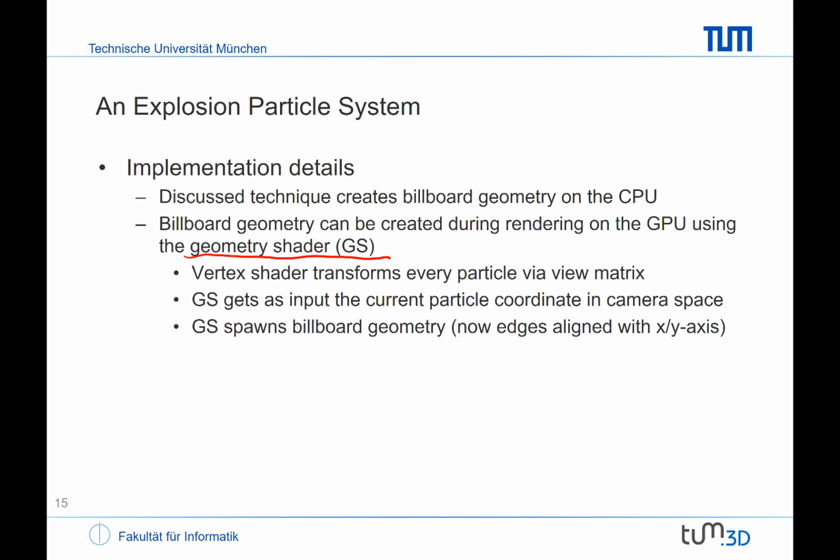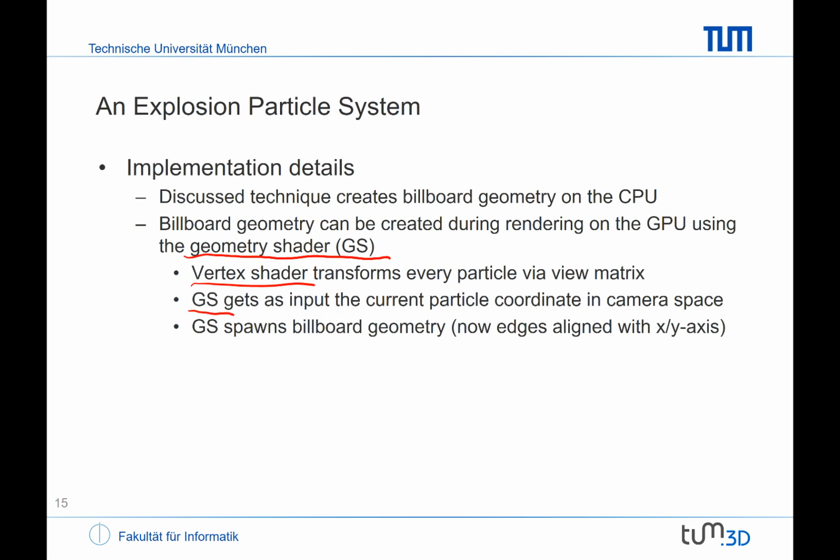The geometry shader gets as input just one single particle, and then creates these two triangles, orients the triangles properly as we have described them, and then pushes the resulting geometry further into the upcoming stages of the pipeline. The vertex shader would therefore just transform the particles via the view matrix.